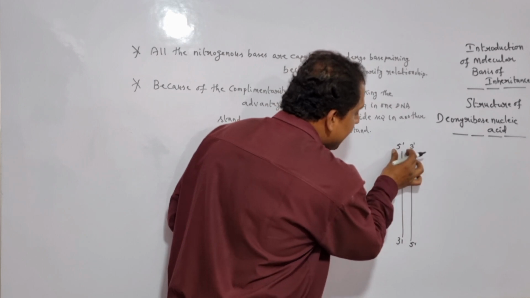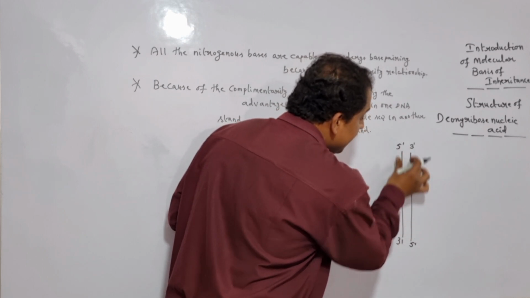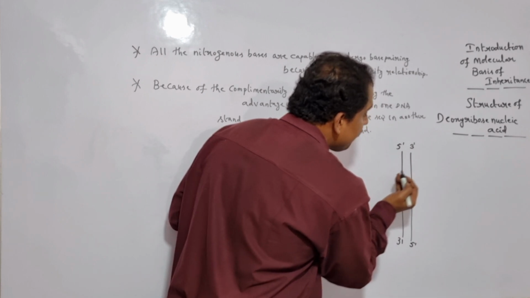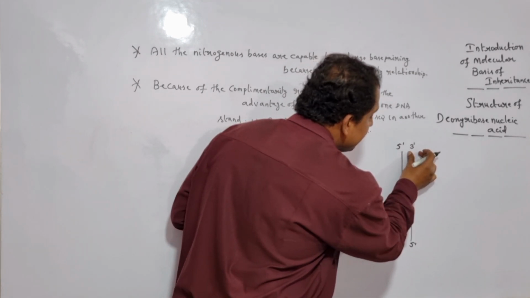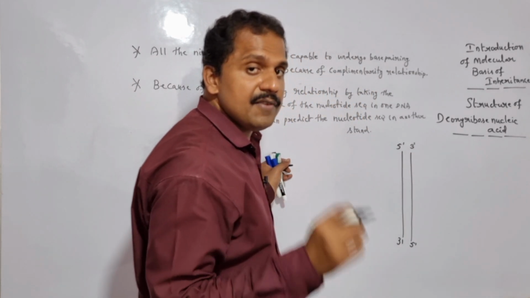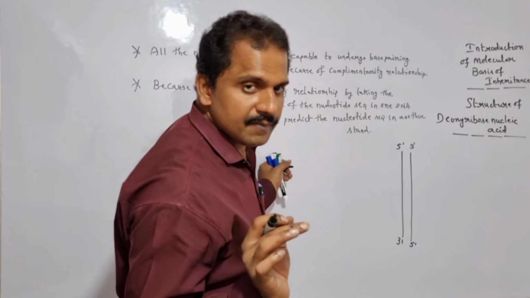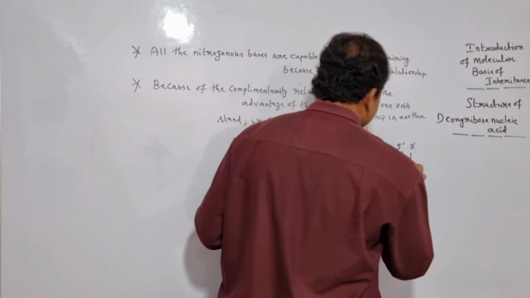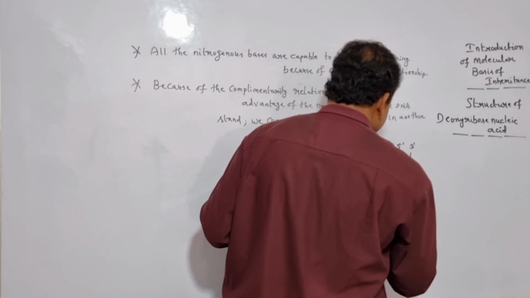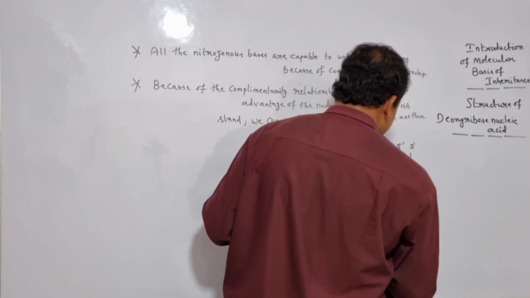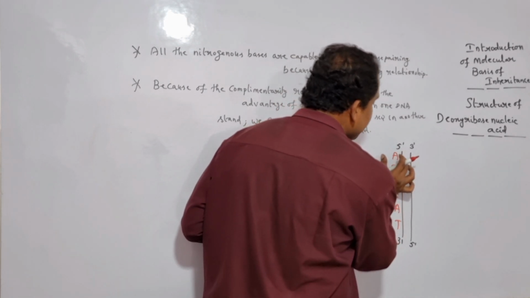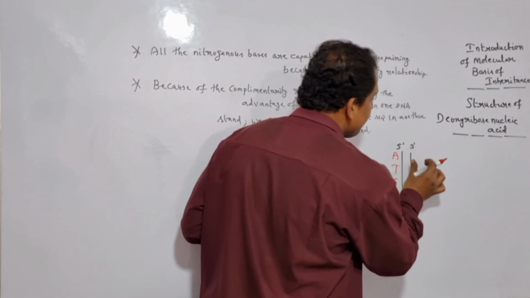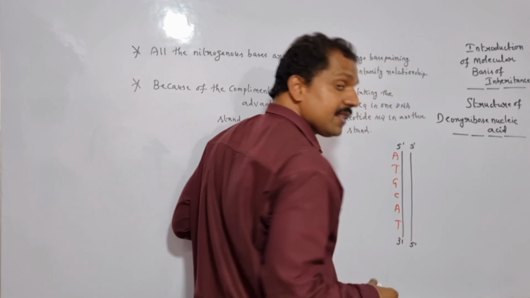So by taking advantage of the nucleotide sequence in this DNA strand, which is in 5' to 3' polarity, we can predict the nucleotide sequence in the other DNA strand, which is in 3' to 5' polarity. Let us assume some nucleotides like A, T, G, C and A, T.